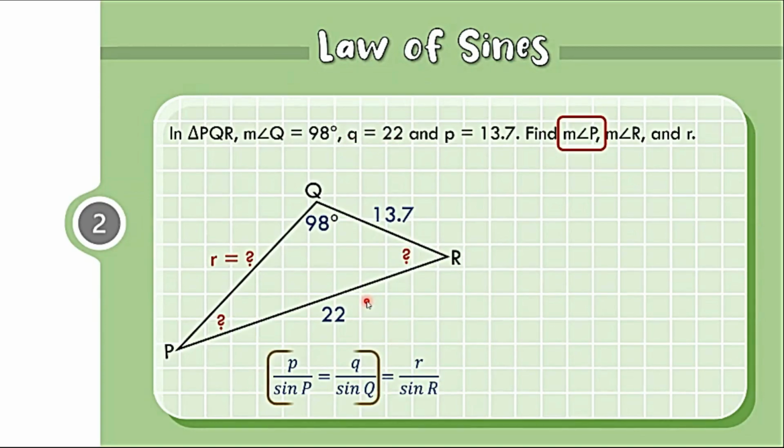Therefore, let us use this proportion: p over sine P is equal to q over sine Q.